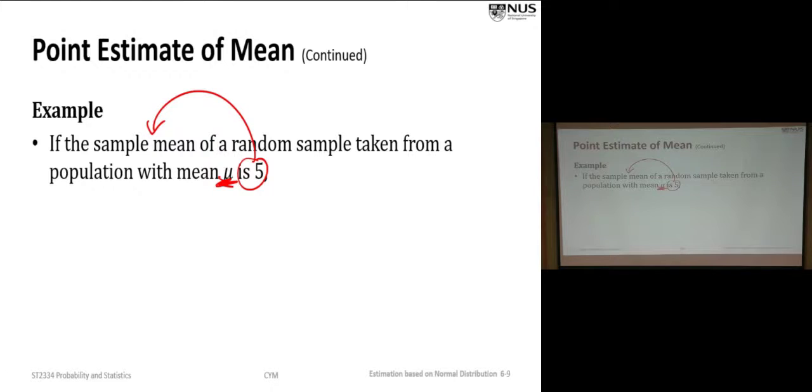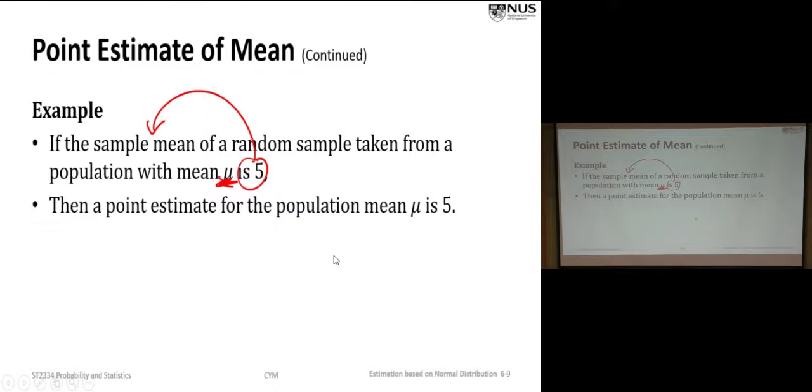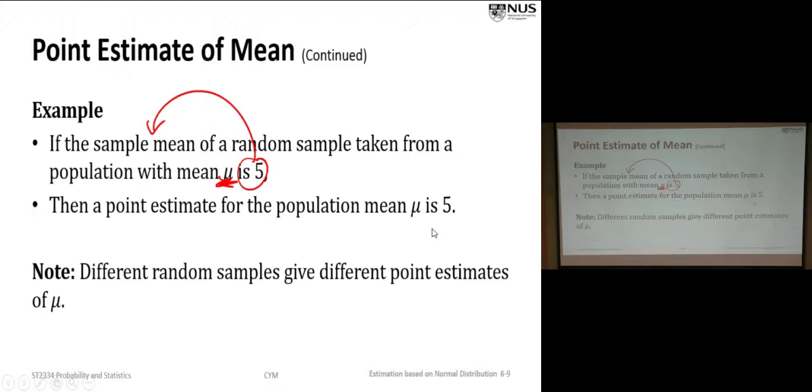So this particular sample gives us the mean equal to 5. So the point estimate now of mu is 5. In other words, we estimate mu by X bar, the sample mean. This is a random variable. But once you draw a sample and we calculate x bar equal to 5, that means from this particular sample, the average is 5.